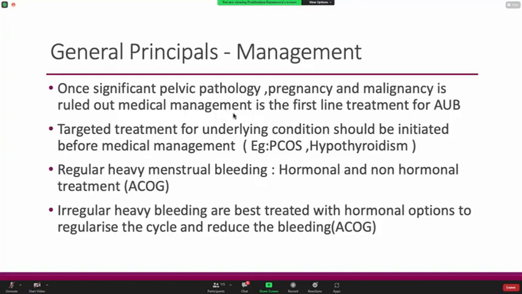Again, management. We have to exclude any pelvic pathology, and then we can use first line treatment like mefenamic and tranexamic acid. And if there is an underlying cause, we have to treat that, right? We can use hormonal and non-hormonal treatment, and you have guidelines for that. You can look into which medication is for which condition.